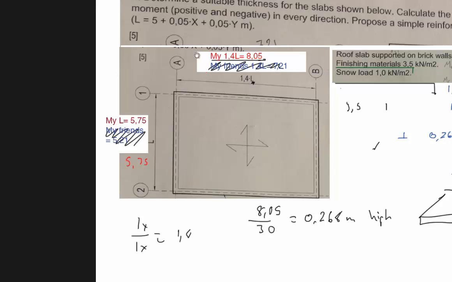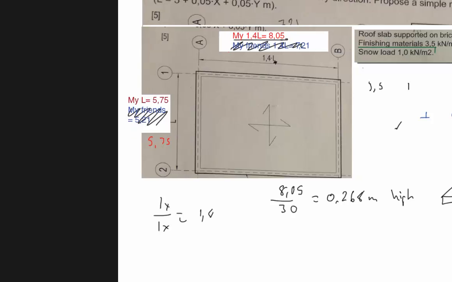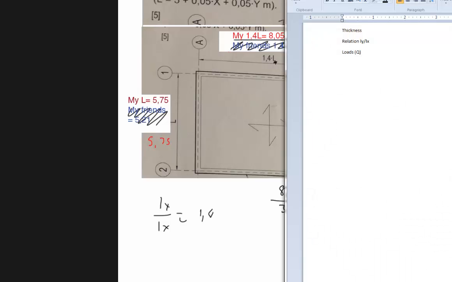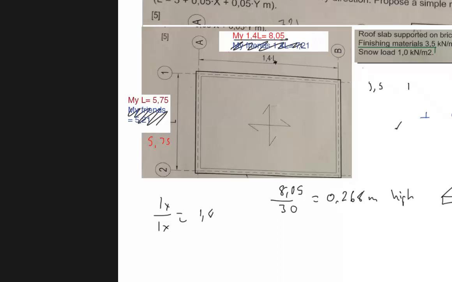I'm gonna write it down like this: loads MCX, MCY from table. This is the next step. And for this table, first we have to determine what kind of structure it is.